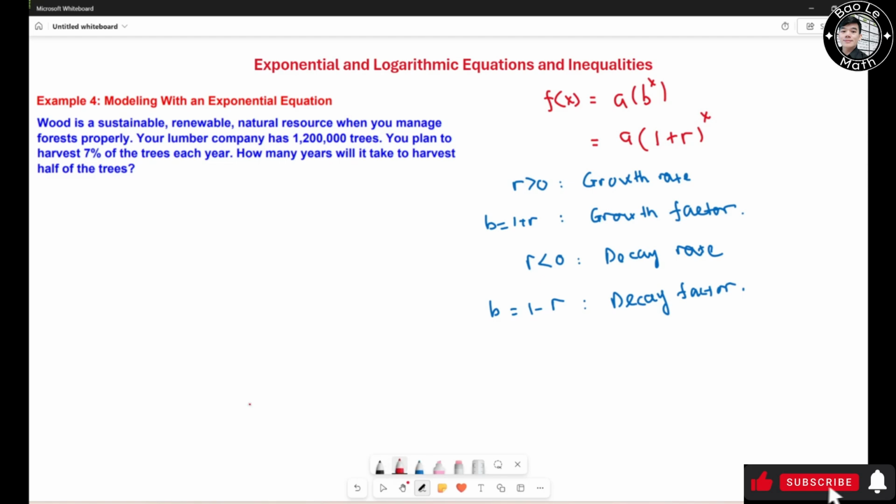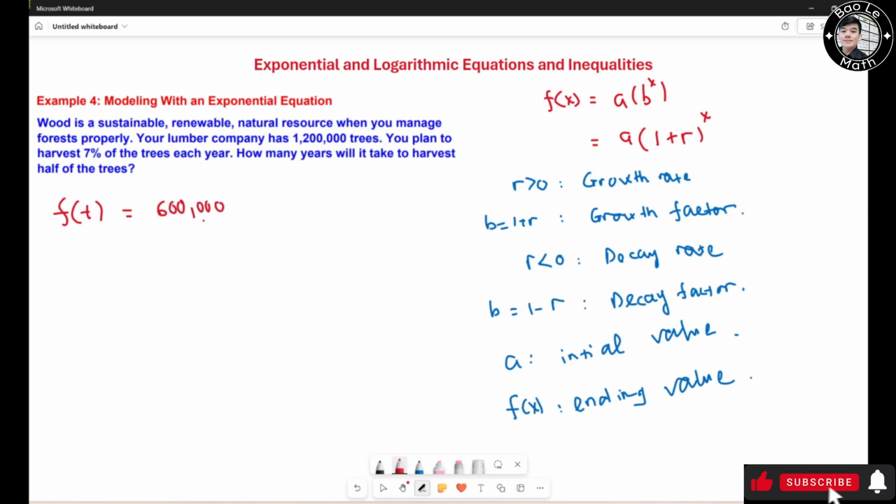Now, we need to summarize the problem. So we have a is the initial value, and f of s is the ending value. So the ending value f of t is 600,000, right?